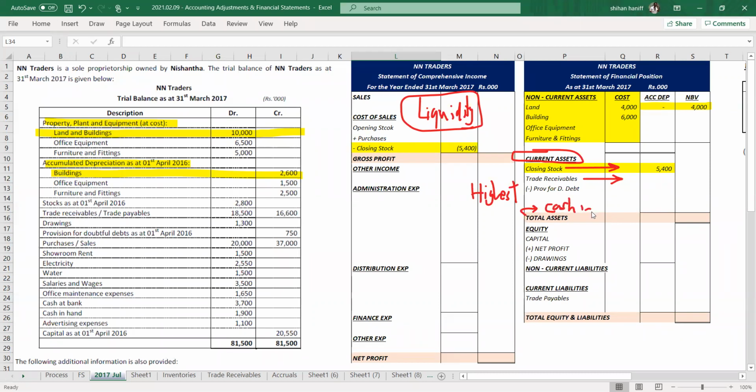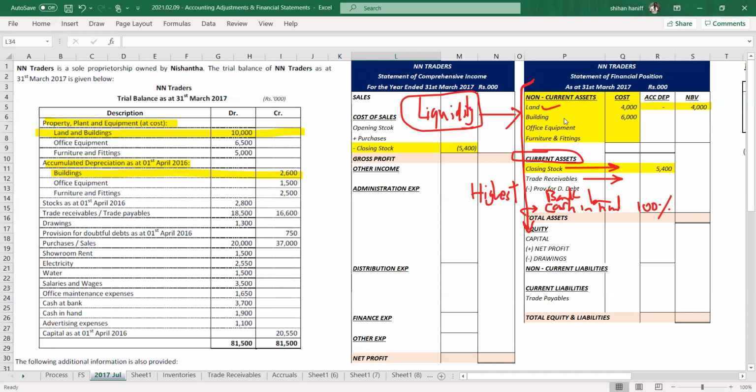That's the 100% liquid asset, cash in hand. Before that, you can have the bank balance. So when you are recording the assets in the statement of financial position, it should be based on the liquidity.